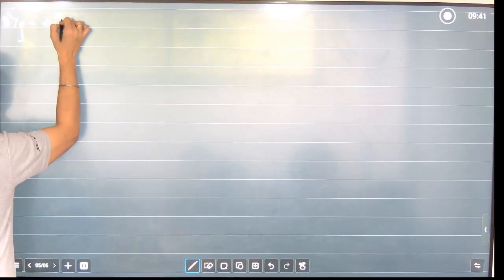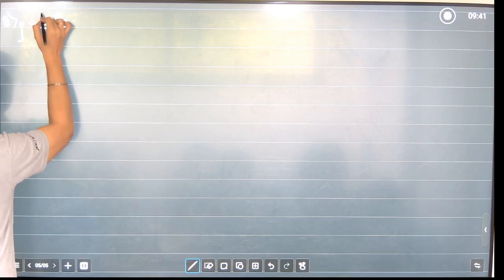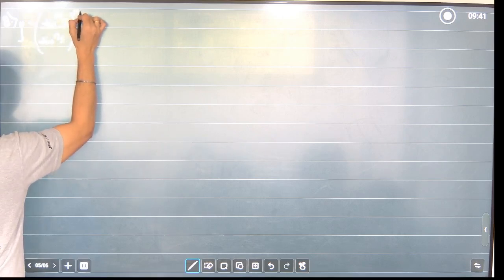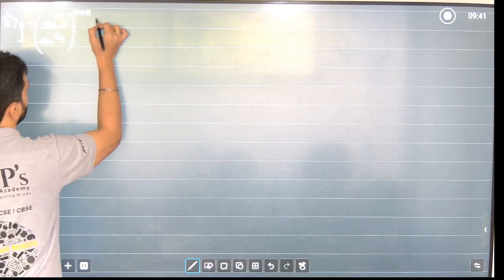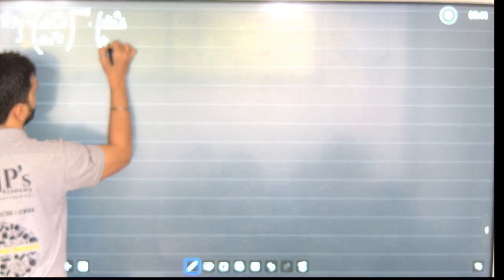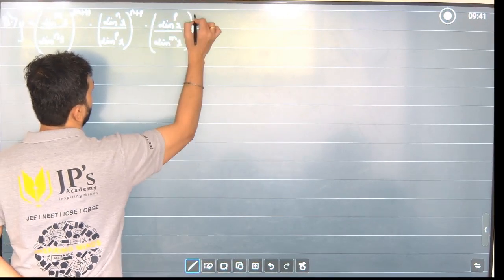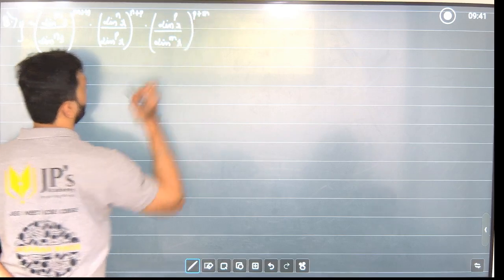y is equal to sin raised to mx upon sin raised to nx upon m plus n into sin raised to nx upon sin raised to px upon n plus p into sin raised to px upon sin raised to mx upon p plus n.